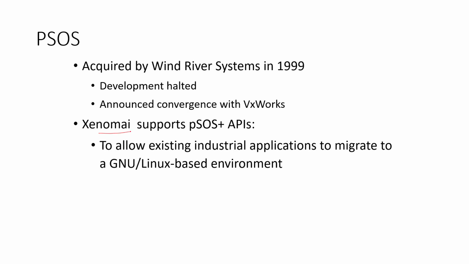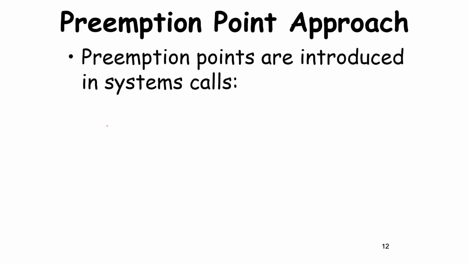Another project which is very popular, and still exists as of 2022, is Xenomai. It supports PSOS plus its APIs, and it allows existing real-time industrial applications to migrate to a GNU Linux-based environment. Xenomai is essentially a layer on Linux for allowing real-time execution.